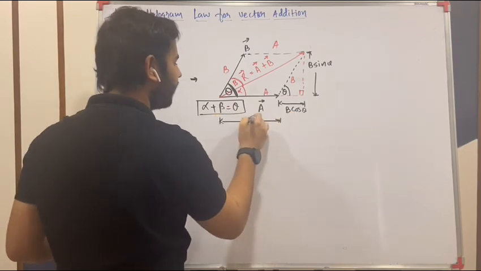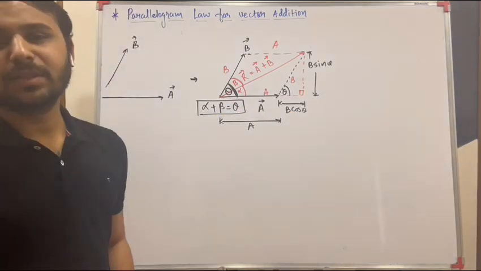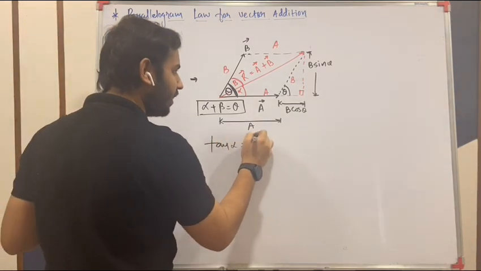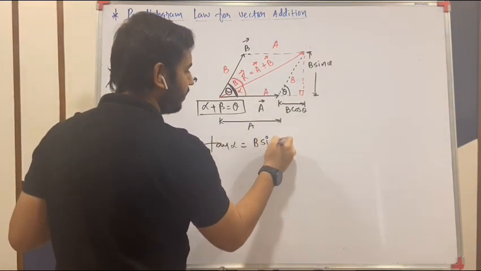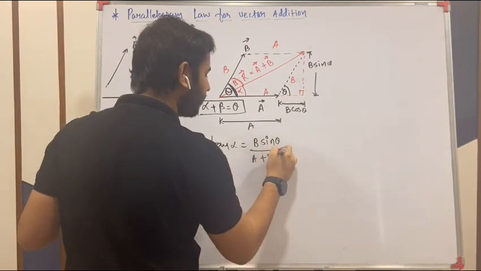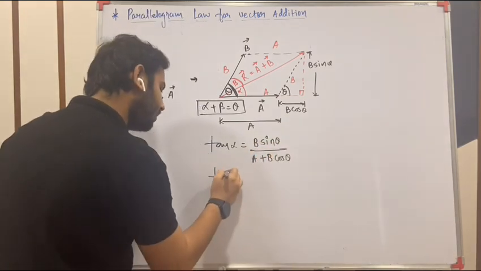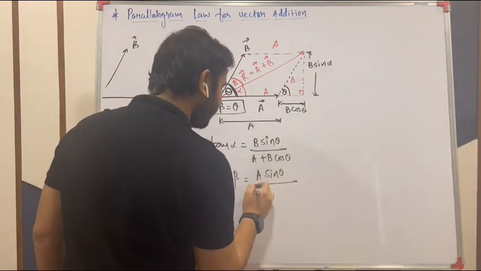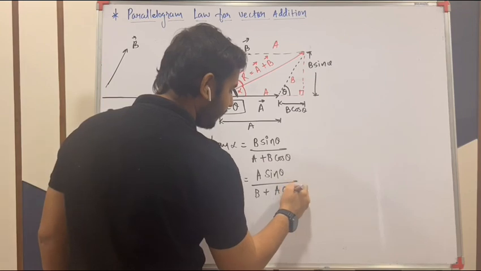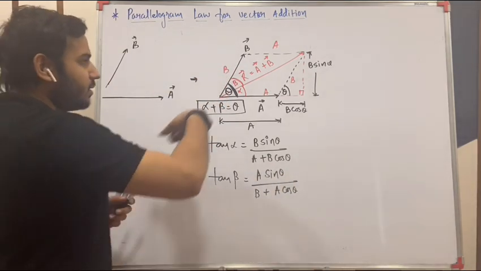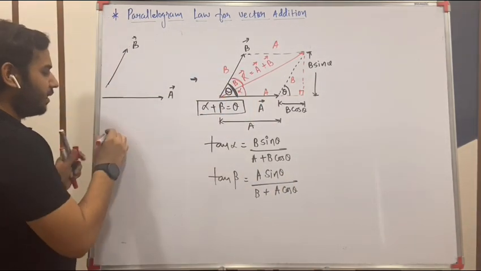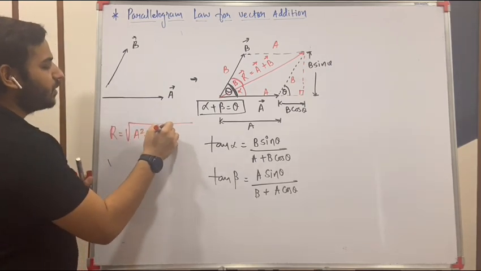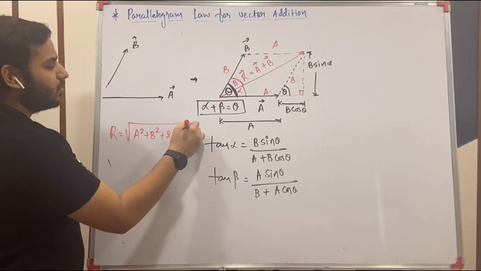This value is A. The same process which we did in the triangular method, tan alpha is B sin theta upon A plus B cos theta. Tan beta is A sin theta upon B plus A cos theta. This is the resultant vector R. R will be under root A square plus B square plus 2AB cos theta.